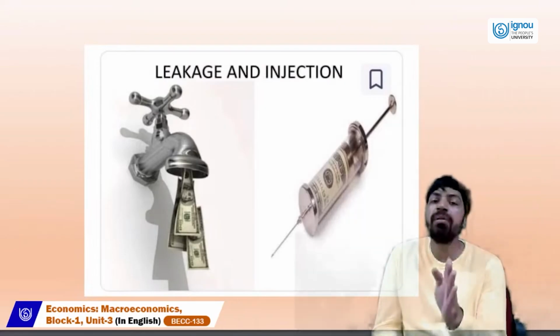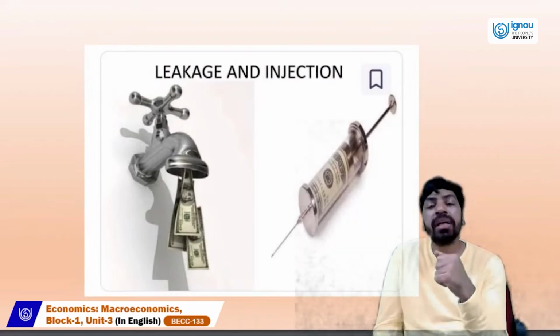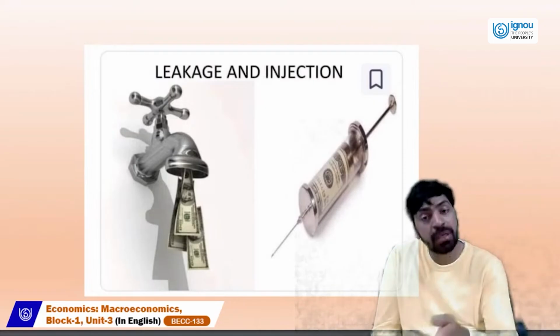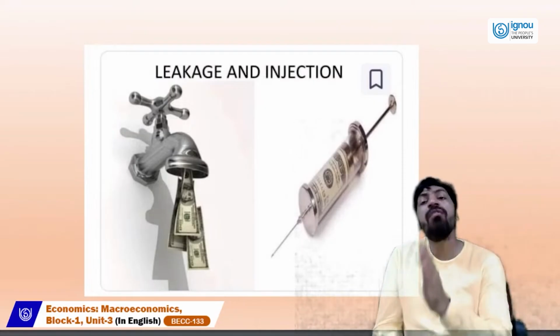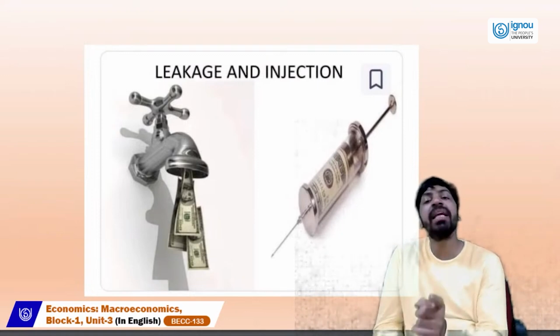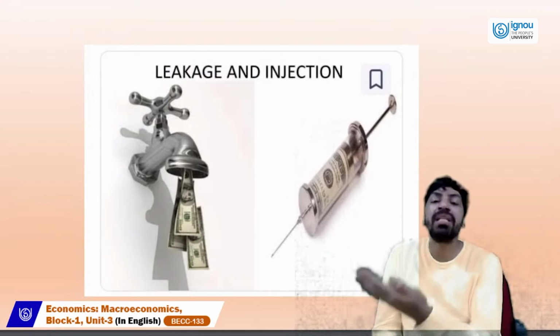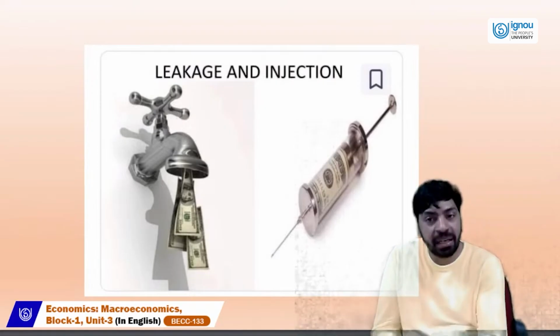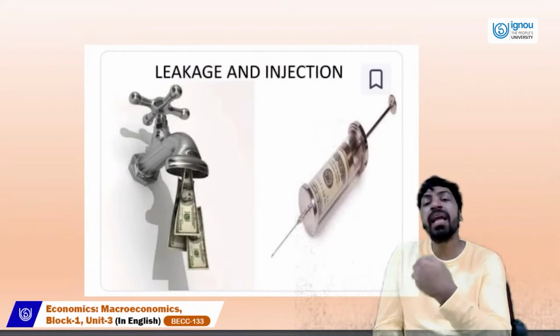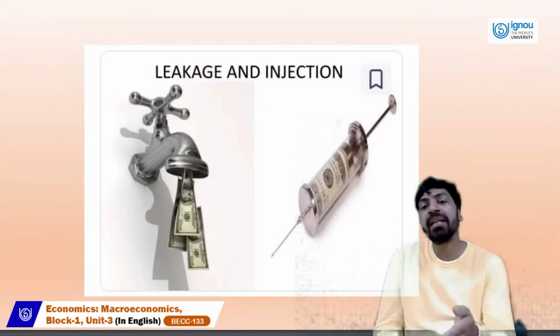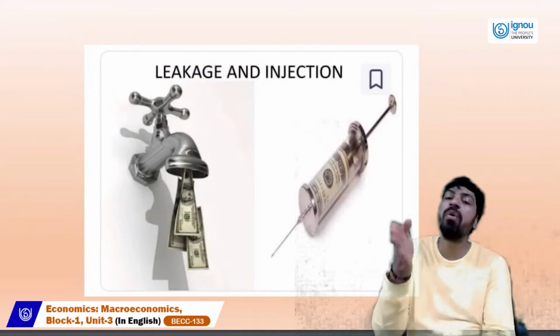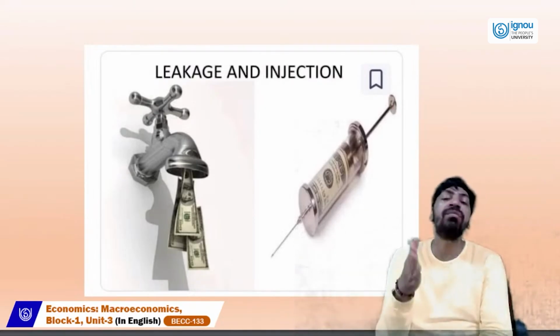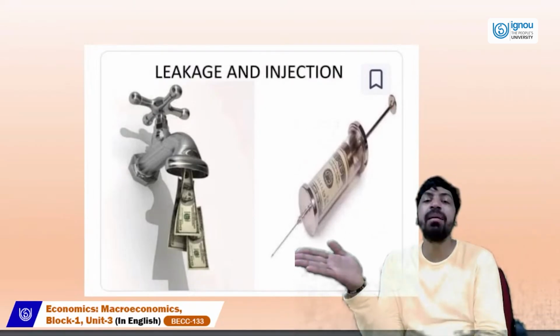But when we talk about the injection, we are talking about the introduction of money in addition to investments, in addition to any government spending. That's exactly called injections in the flow of income, in the flow of money.